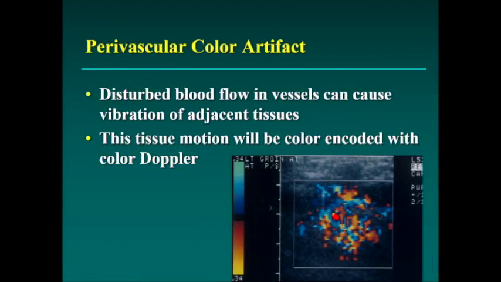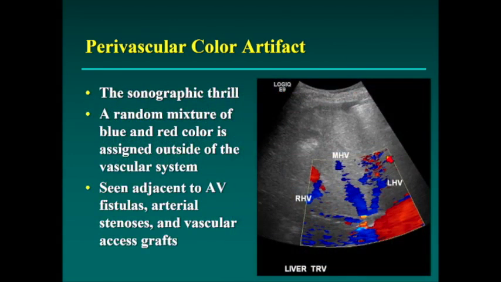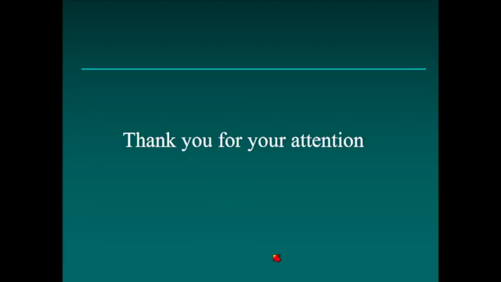And then perivascular color artifact just merely indicates that any motion is going to be color encoded. So things where the soft tissue is vibrating will be color encoded and can identify areas where there's an abnormality like a fistula. So here's a fistula here. And so this perivascular color artifact is sort of the sonographic thrill. All right. Thank you very much.